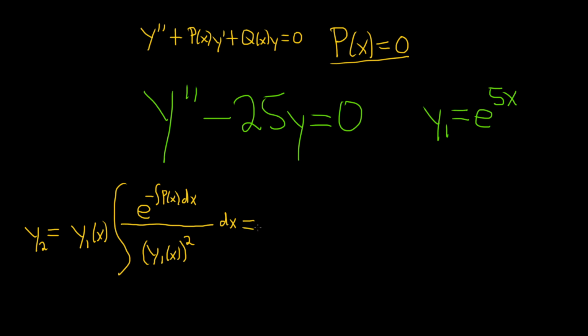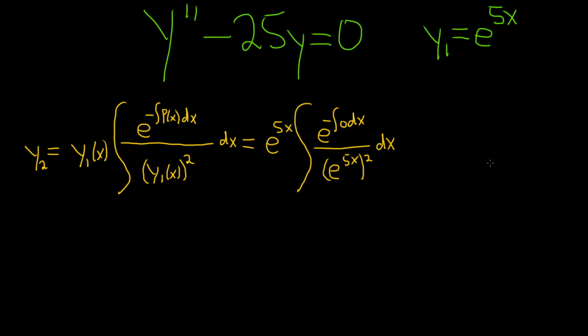So this is equal to, so y sub 1 of x is e to the 5x, then we have the integral, and big P is 0, so this is e to the minus integral 0 dx over e to the 5x, and this piece here is being squared, and then we have our dx.